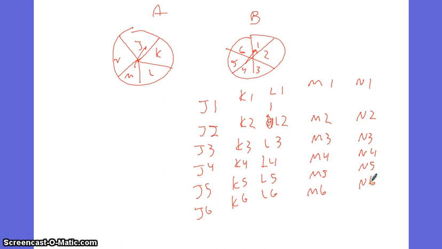Now what's the probability of spinning an M and a number 3? That's 1 out of a total of 30. So that leads us there. If there are M ways for A to occur and N ways for B to occur, then there are M times N ways for both to occur. So here, A has 5 sectors and B has 6 sectors.